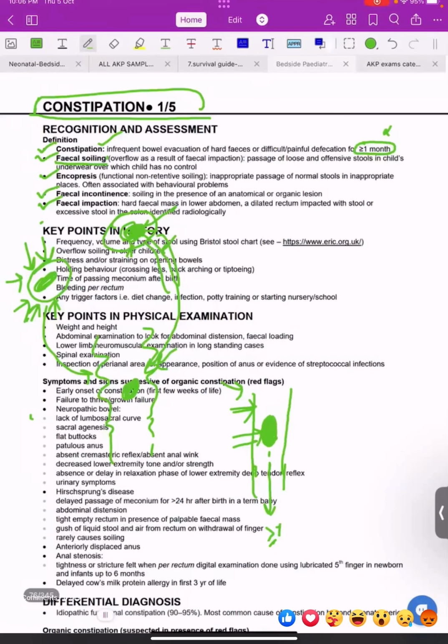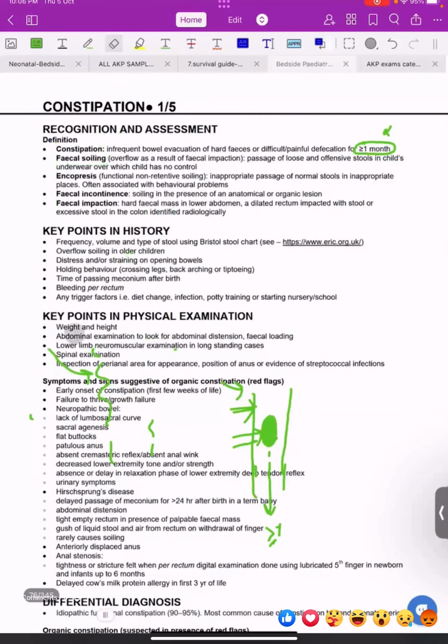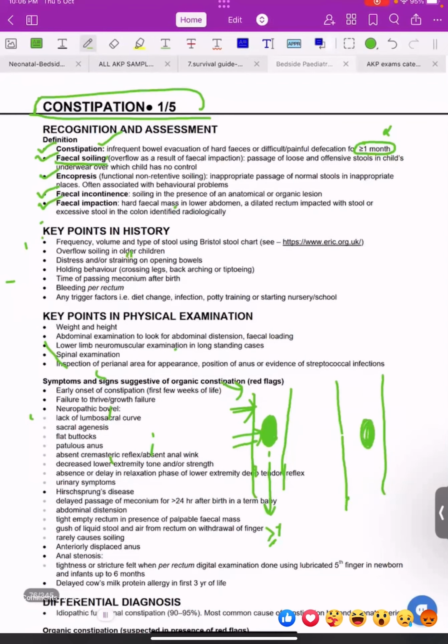Okay, so now we will see what fecal impaction is. You see it this way. This is the intestine, and this is the fecal impaction, hard stool that stays here in the intestine of the child. Okay, what is fecal impaction?